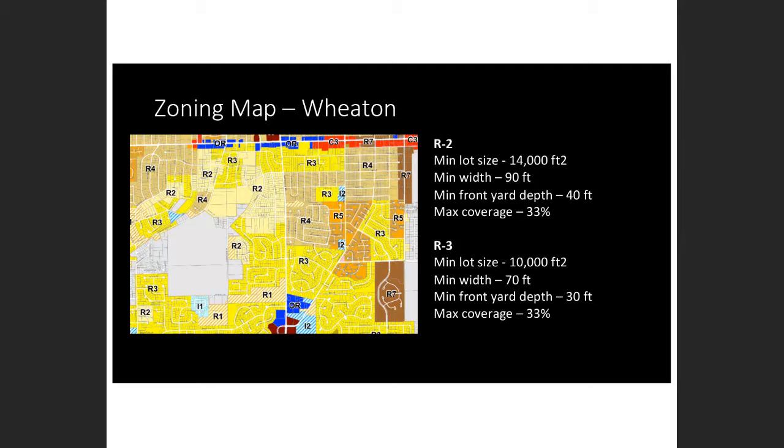So obviously Wheaton is a city that has a lot lower density of residences than Oak Park does. And again, that didn't just happen. That happened because the folks in Wheaton and the folks in Oak Park planned it out that way.